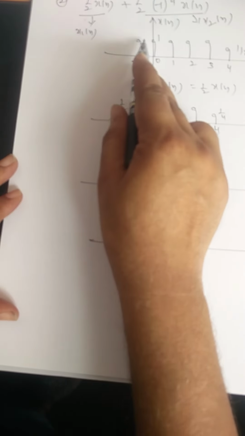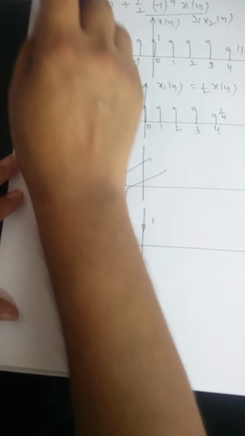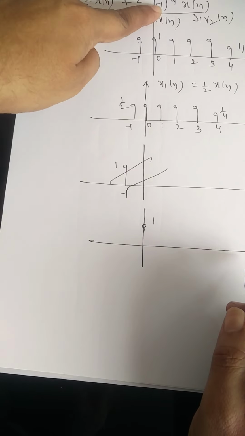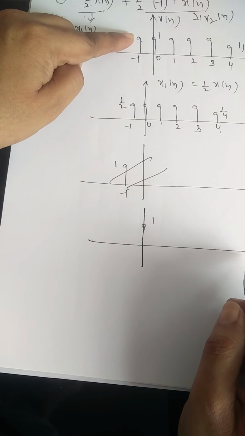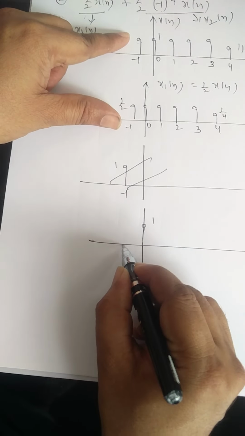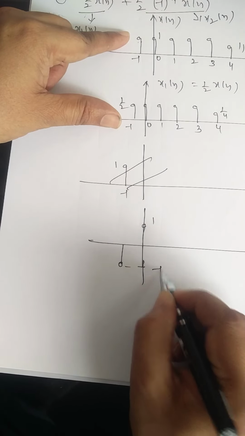When n is minus 1, x of n value is 1, but minus 1 whole to the power of n, when n is 1, will become minus 1. Minus 1 into plus 1 will become minus 1.